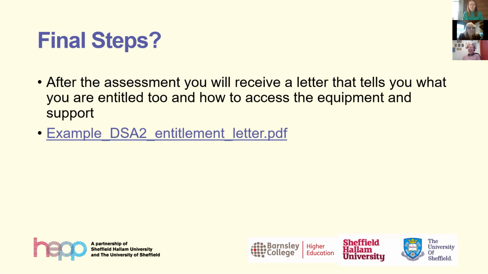It's not hard, it's just faffy, and a lot of students don't get through it. But the evidence is that students with DSA do as well as students without disabilities at university, so it's well worth applying and getting that support in place.